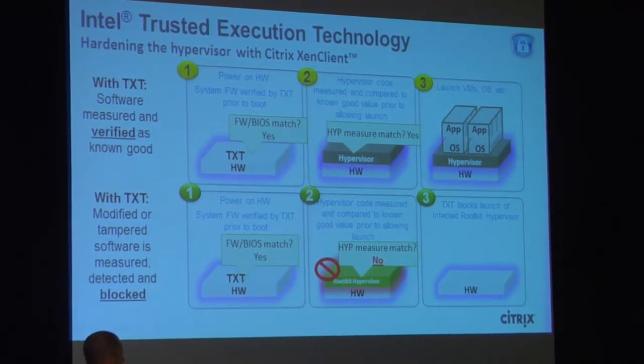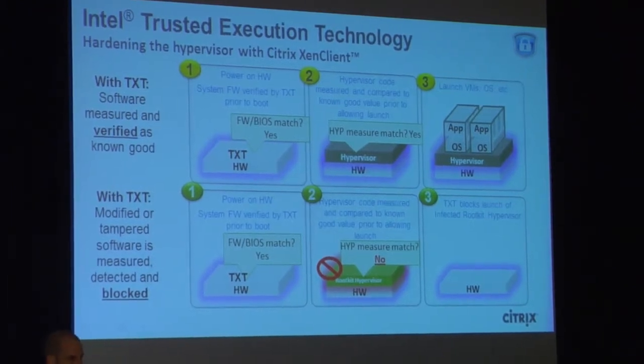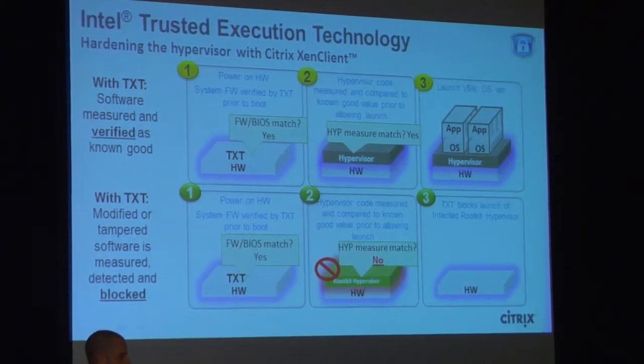TXT detects that and blocks the booting of the rest of the system so that the user can no longer use the system because it has been compromised. Very, very powerful solution for high security environments like we see in public agencies with the government. XenClient XT currently takes advantage of this technology, right? Only brought to you by Intel vPro processors.